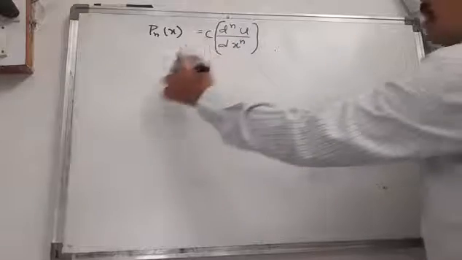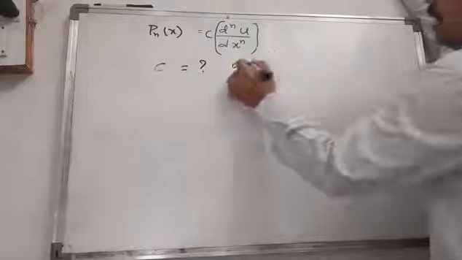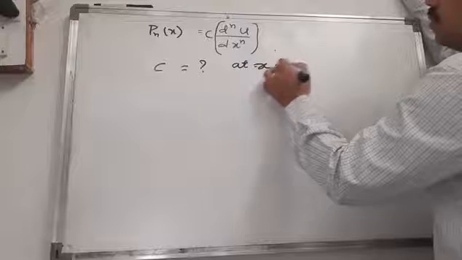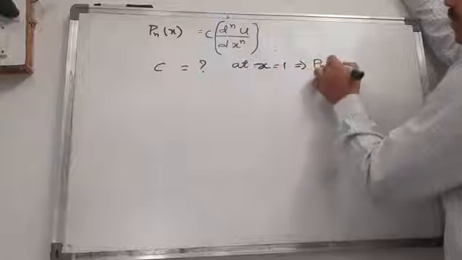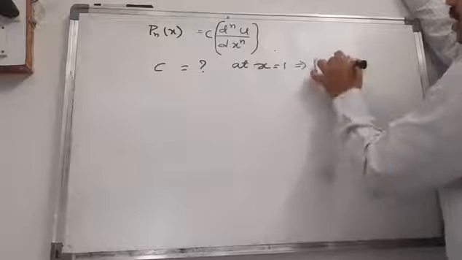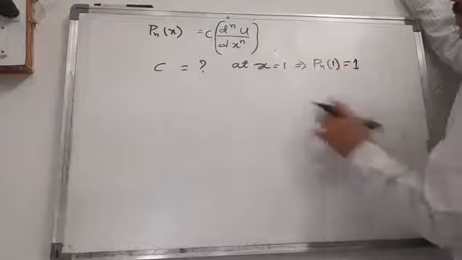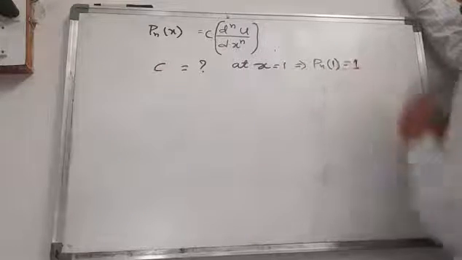So we have to find this c value. We can find it at x is equal to 1. Why x is equal to 1? It implies Pn of 1 is equal to 1. So we can find the c value at x is equal to 1 because Pn of 1 is equal to 1.